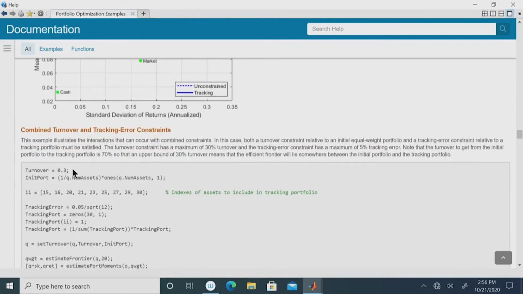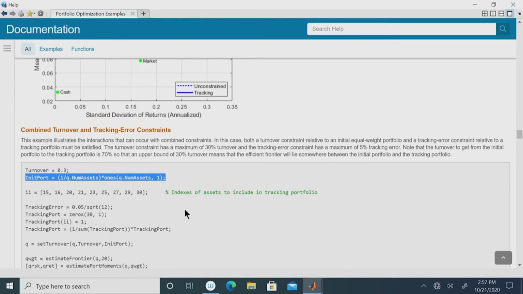Accordingly, here we set the turnover to be 0.3, and we set the initial portfolio, and then we have this tracking portfolio as given here. The initial portfolio is set to be an equal weighted portfolio.